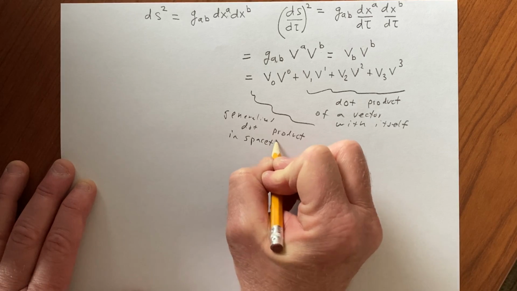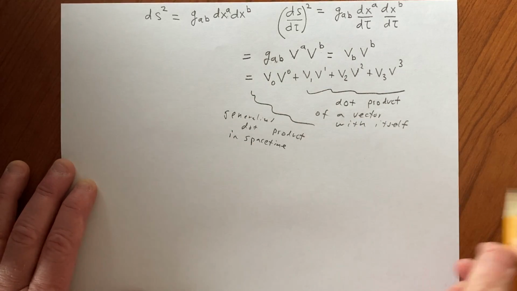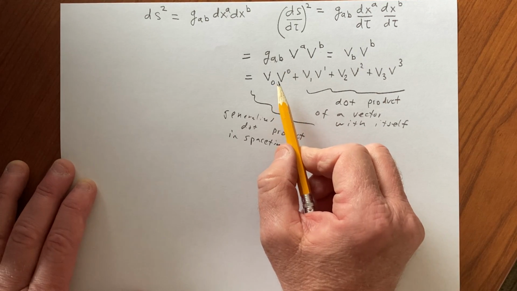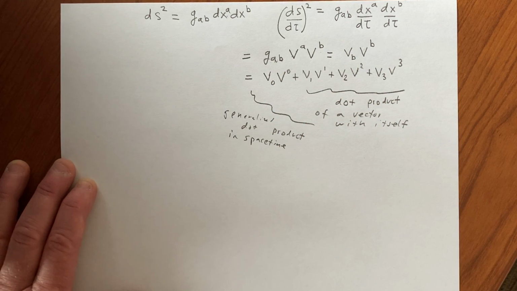Right, it's a vector with itself, but now we're in space-time, and so we have 4 components. So this would be the time component.